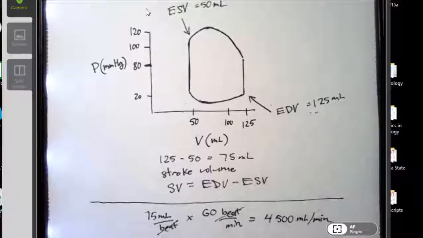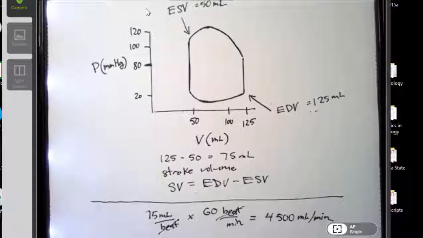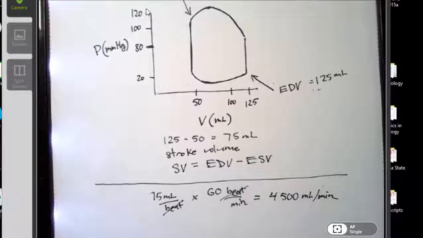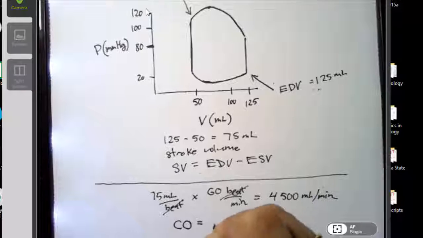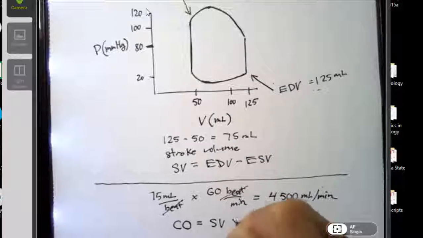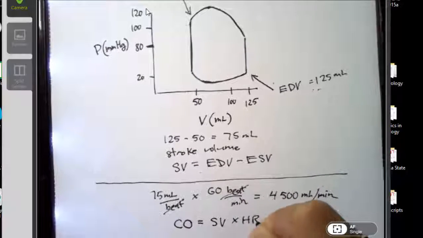That's a way of judging the flow of blood ejected from the left ventricle, which of course is the systemic output of the heart. There's a special name for this. This is called the cardiac output, which we can abbreviate as CO. It's simply equal to stroke volume, SV, times heart rate, which I'll abbreviate as HR.